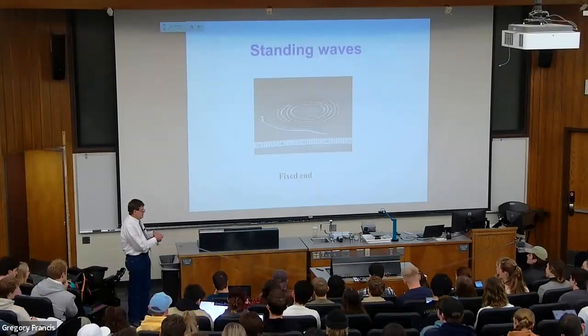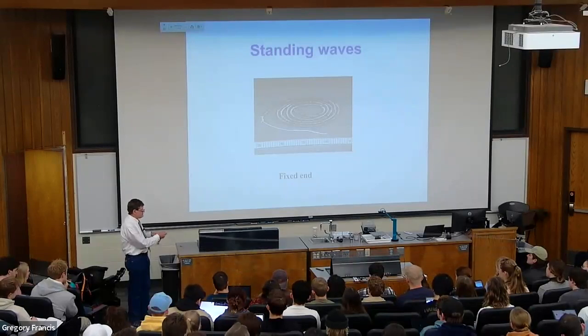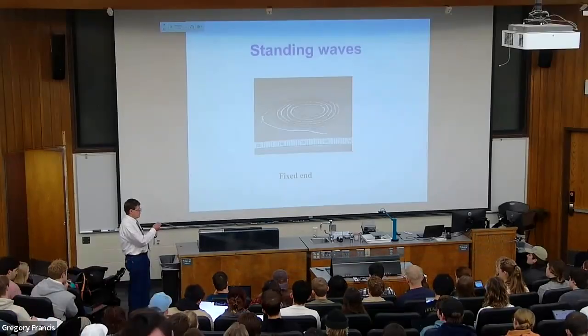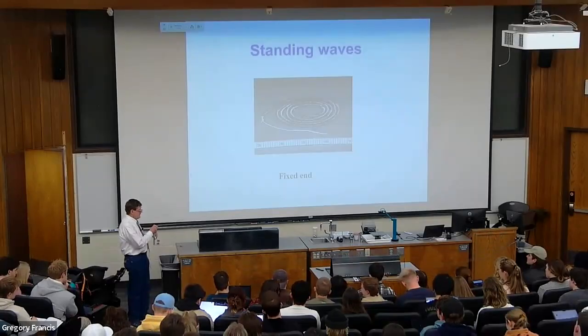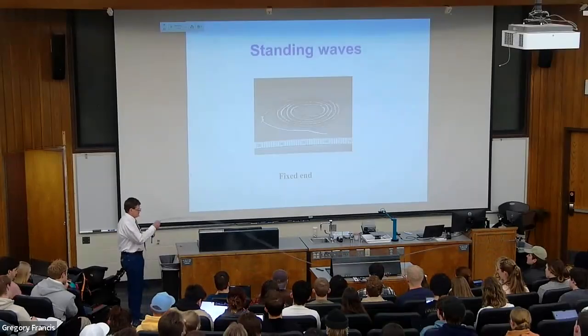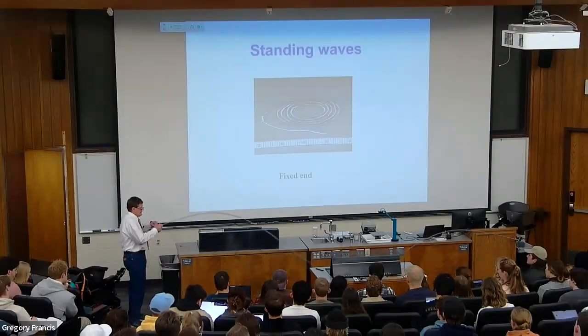Okay. Now, if I wiggle my hand a little bit faster, it starts fighting me again until I get to a frequency where I get two footballs. And we call that the second harmonic, the second resonance, if you will. There's two footballs. And now if I go a little faster, it starts fighting me again until I, come on, you can do it, Greg, until I get three footballs.